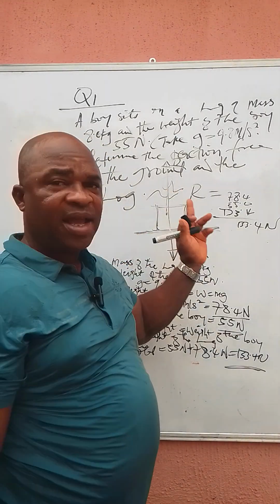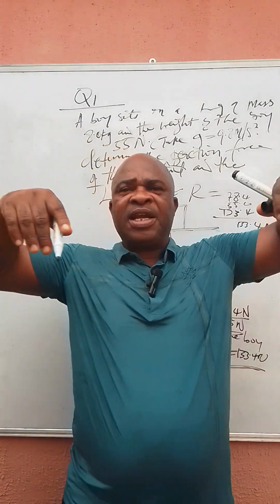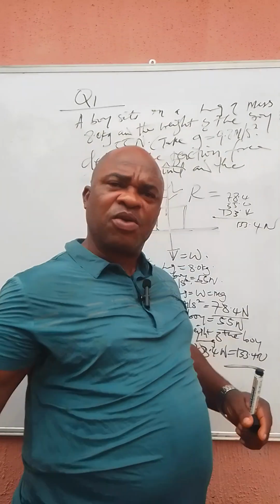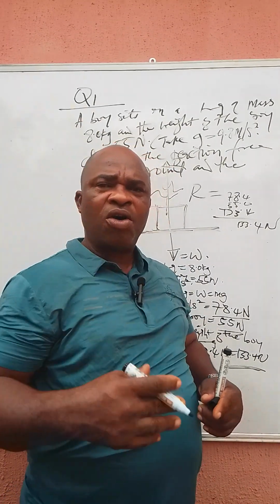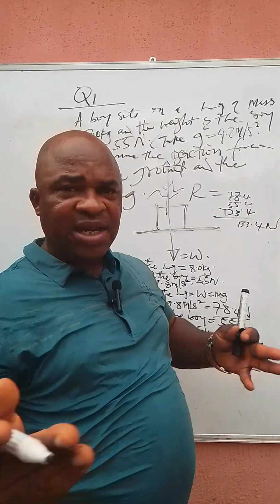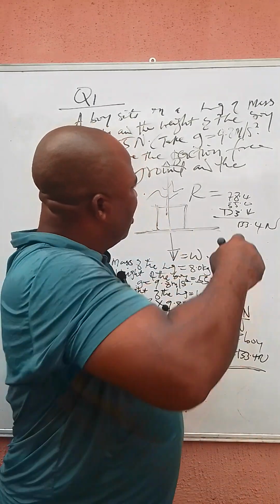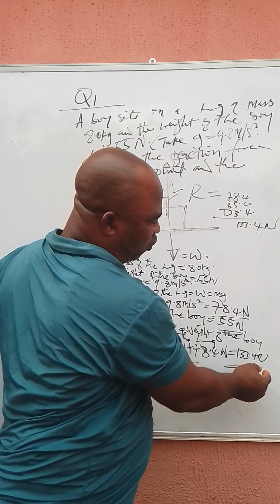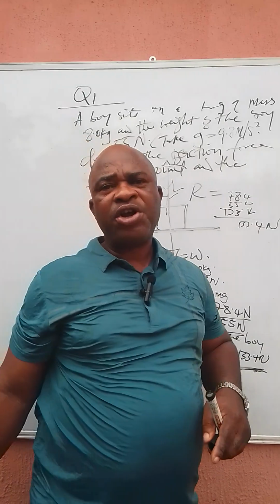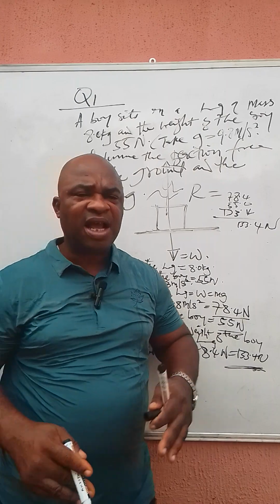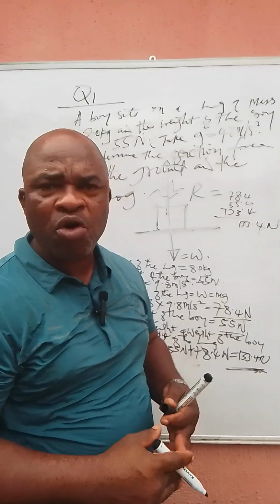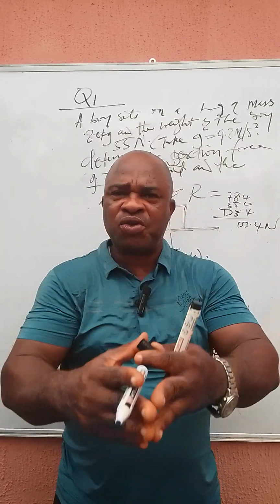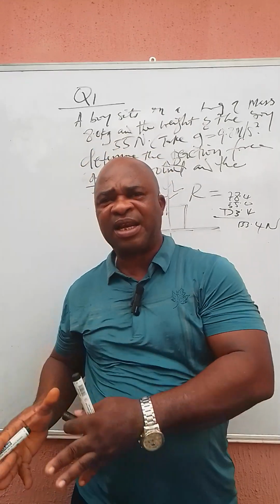Now, how do we get the reaction force? To get the reaction force, this is when Newton's third law applies. We have this as our downward force, which is the action. Sir Isaac Newton stated that action and reaction are equal and opposite, and when two bodies are in contact, their magnitudes are equal and opposite in direction.